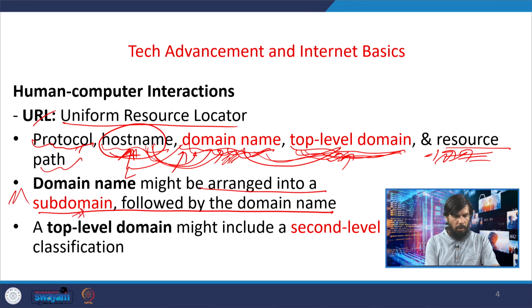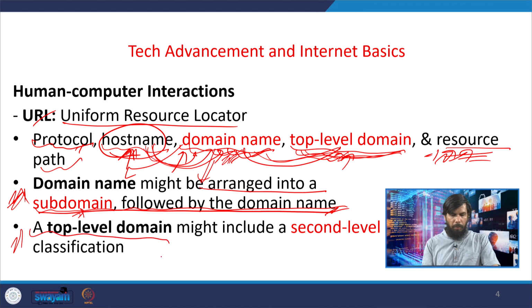So, the domain name can have a subdomain followed by the domain name, or it might be just one domain network for the whole organization, or it might be divided into multiple subdomains, and so on, right. So, the domain name part covers this aspect also, multiple local networks within the organizations.